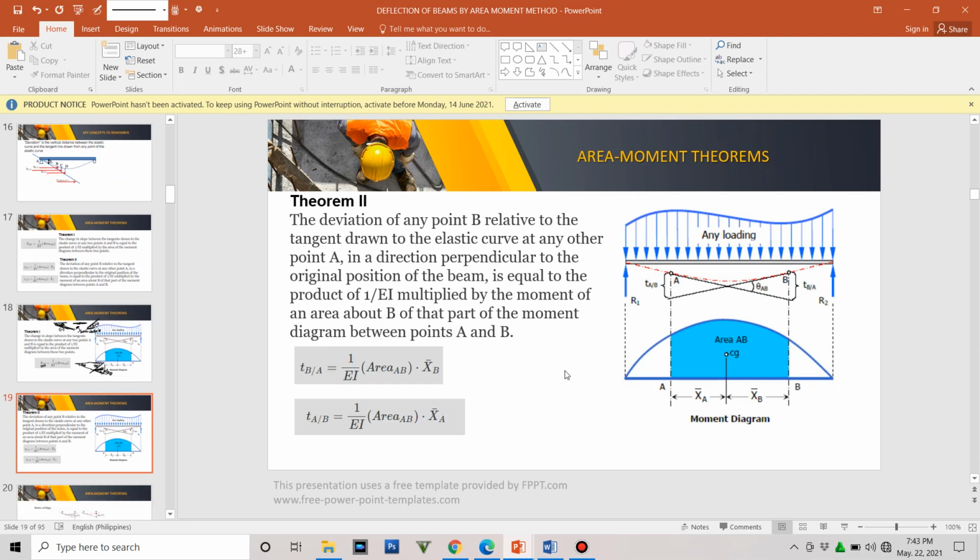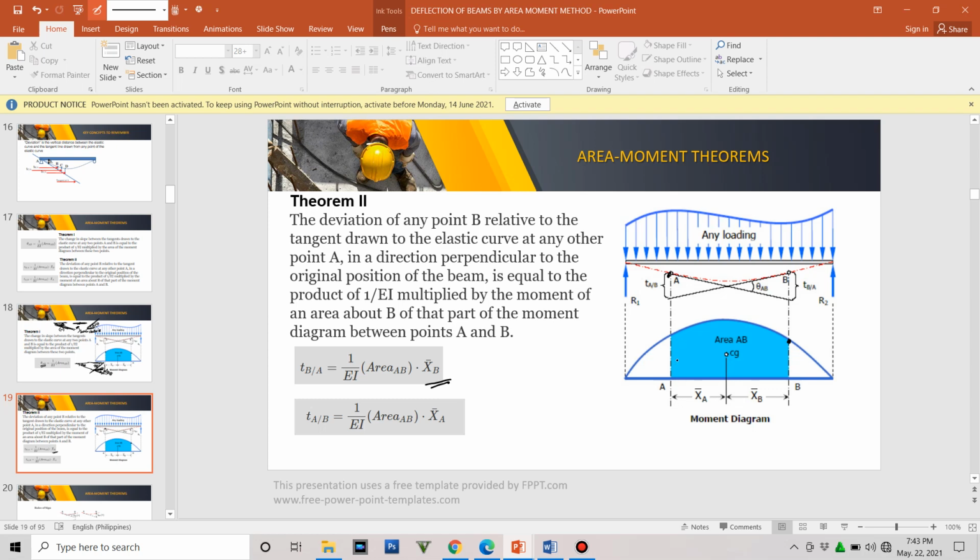Now, for Theorem 2, sabi nga natin, we'll just involve distances here. Ganun din ang concept, area of AB, and then kung concerned ka sa deviation sa bandang B, then lahat ng centroid, i-measure mo sa bandang B. Similarly, kung concerned ka sa deviations dito sa bandang A, just refer all of the areas na nasasakupan ng A to B, each of the centroid will be measured up to this line.